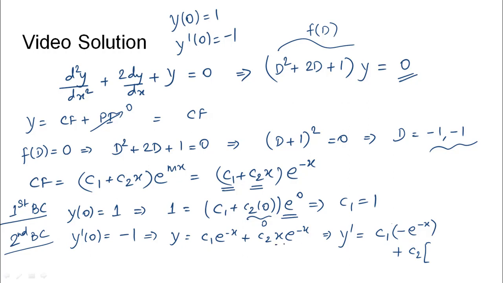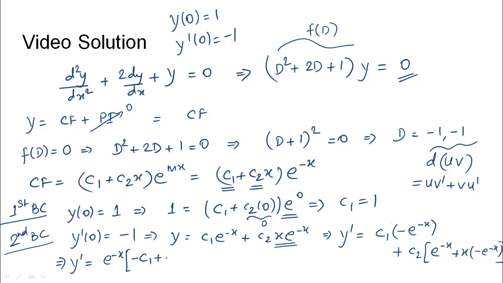We differentiate x into e power minus x using the uv rule, which is u v dash plus v u dash. Firstly we differentiate x, which leaves e power minus x, and secondly we differentiate e to the power minus x and leave x as it is. This can be further written as y dash equals e power minus x into minus c1 plus c2 minus c2x.